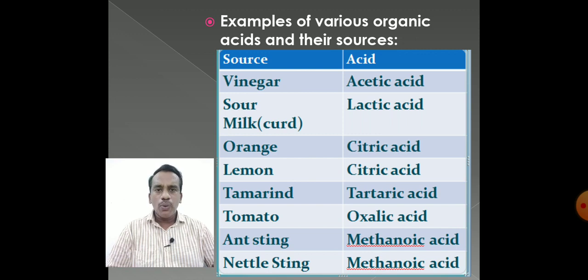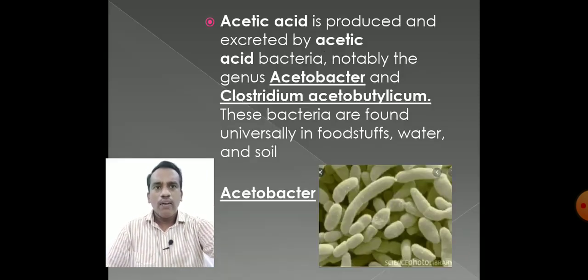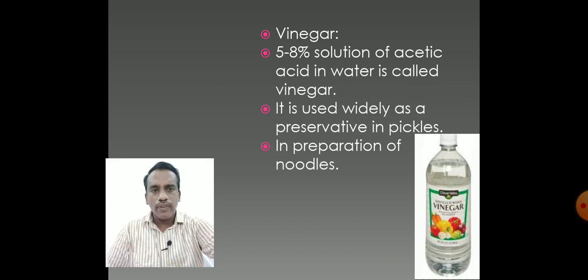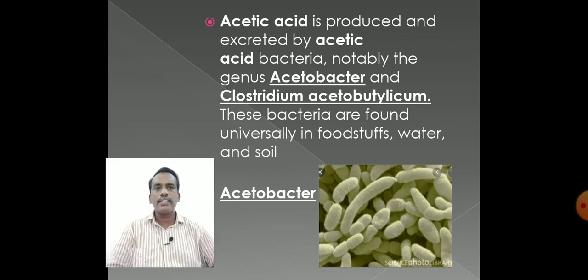Do you know where we get this acetic acid from? We had already discussed the point: we are using acetic acid in the noodles. Acetic acid is generally extracted from acetic acid bacteria.